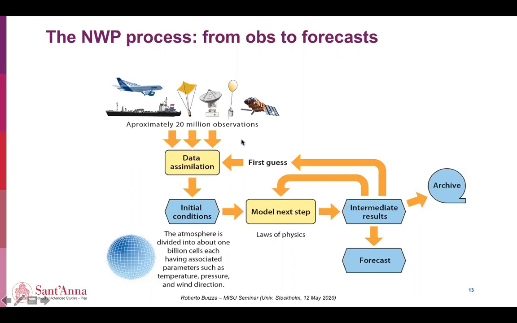Let me also point out that the model is clearly needed also in the data assimilation process. So it's not easy to completely decouple the role of observation errors in the definition of initial conditions from the role of a model.